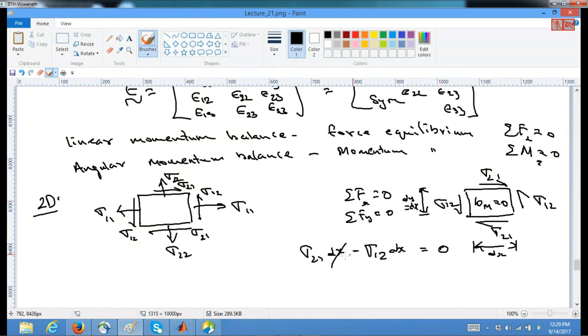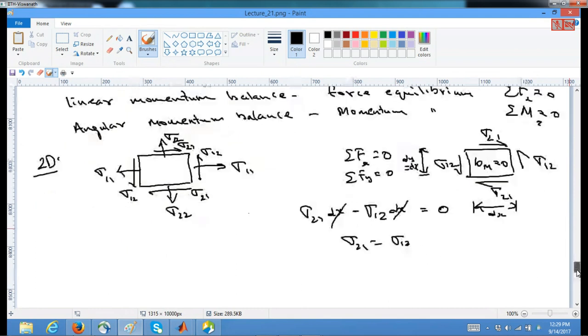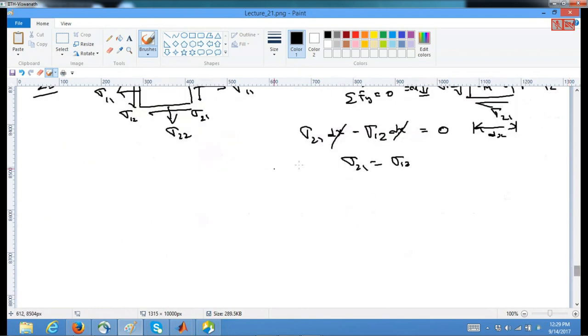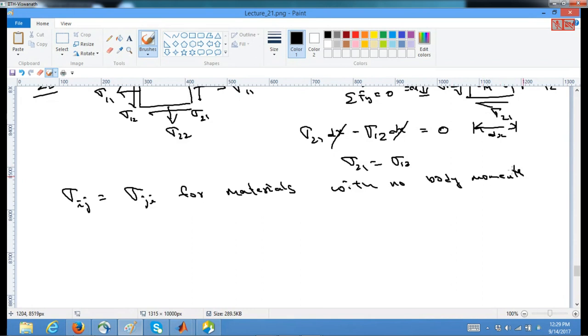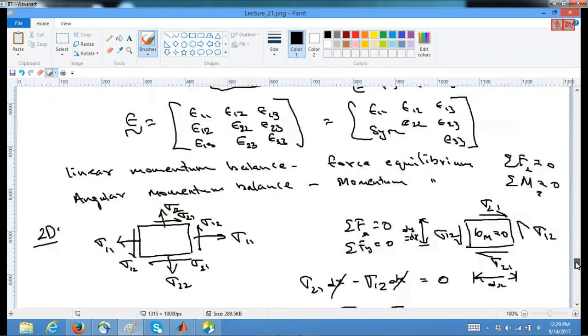In that case, no matter whatever is the dx, sigma 21 is equal to sigma 12. Okay, the same thing can be proved for 23 and other directions. So by generality we can say that sigma ij is equal to sigma ji for materials with no body moment, just by the satisfaction of angular momentum balance.